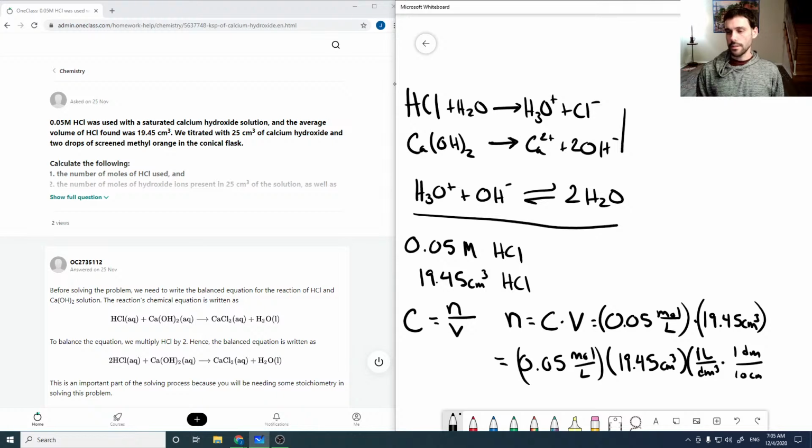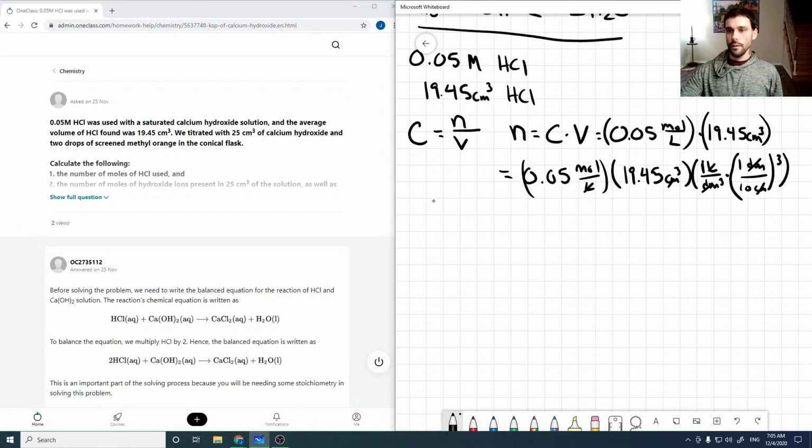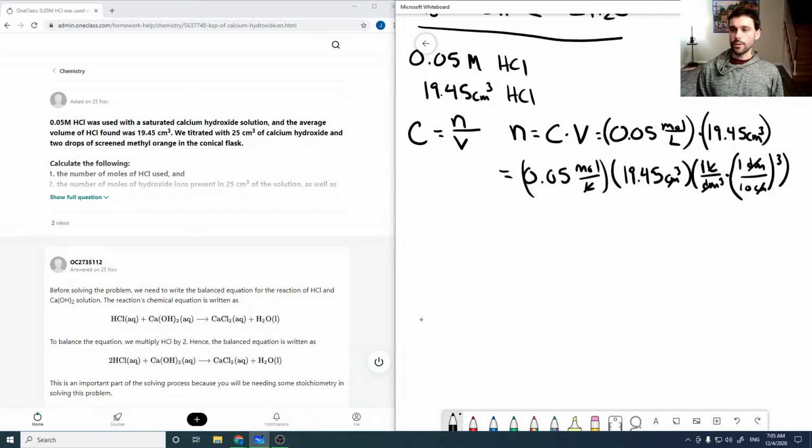There's a decimeter per 10 centimeters, so that needs to be cubed. Okay, so then that'll give us decimeter cubed over centimeters cubed. These decimeters will cancel, these centimeters will cancel, and this liter will cancel, leaving us an answer in moles. So that looks good. And when running through it yourself, don't forget the cube, right? So that's 10 cubed or 1,000.